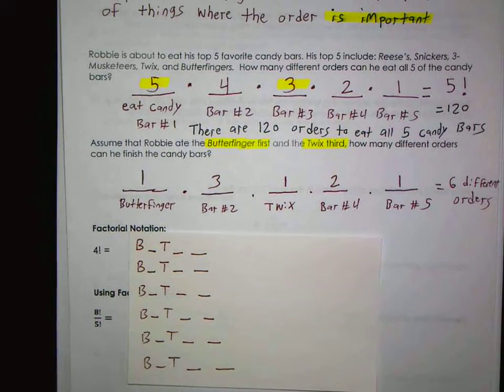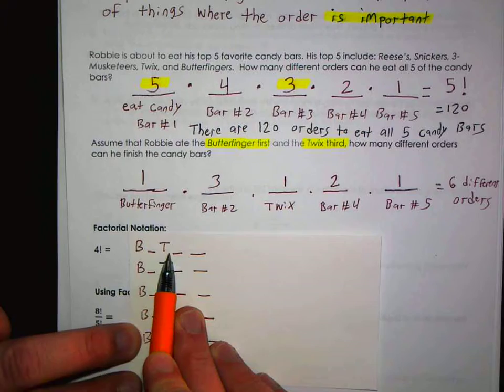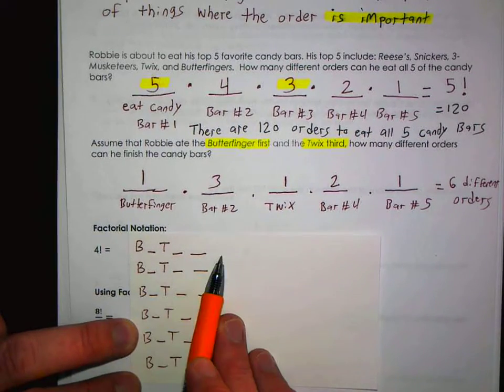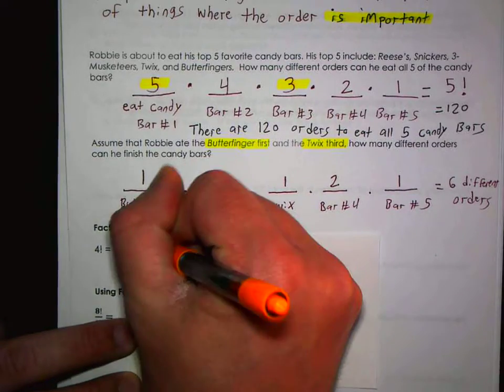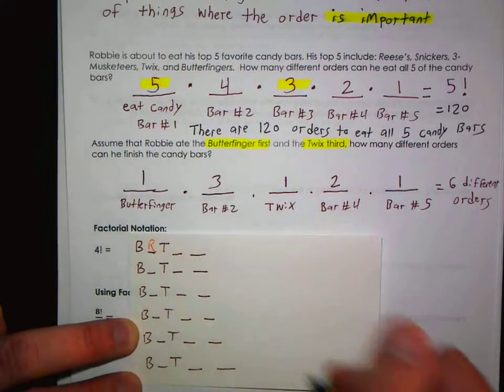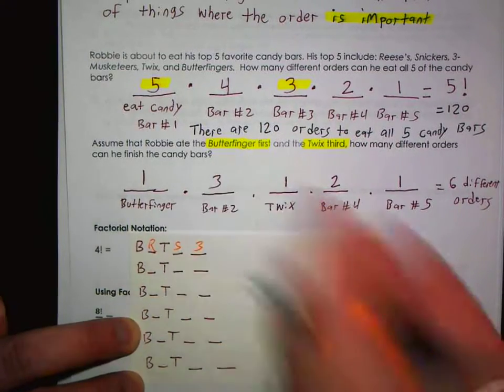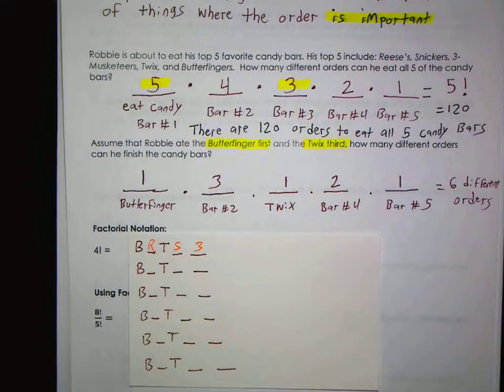Let's go through. There might be more. Maybe we messed up on the formula. But Butterfinger, Twix, what's one order that could go here using those 3? Reese's, Snickers, Three Musketeers. That's one.